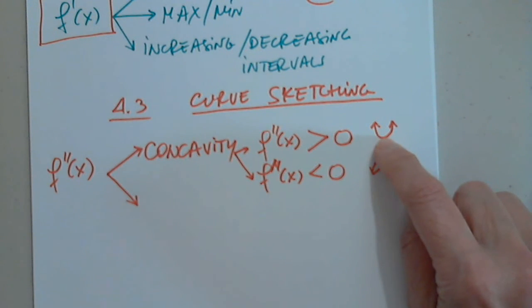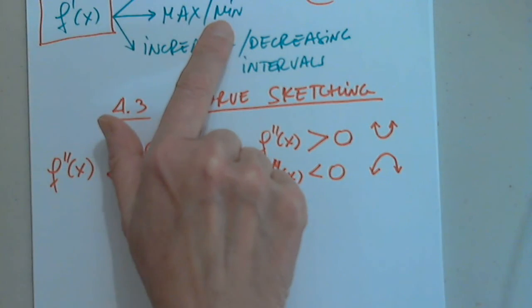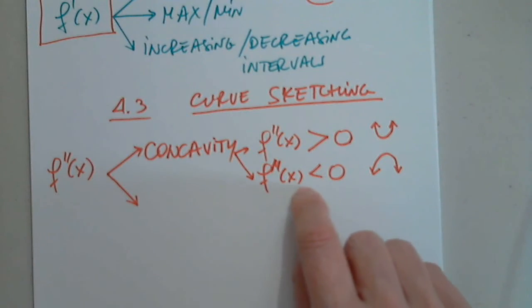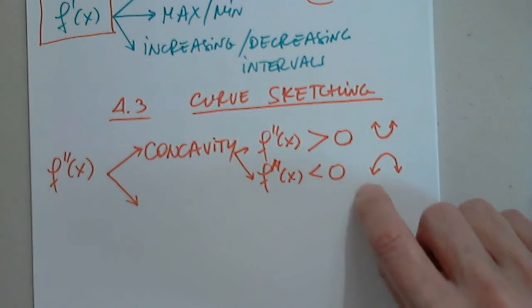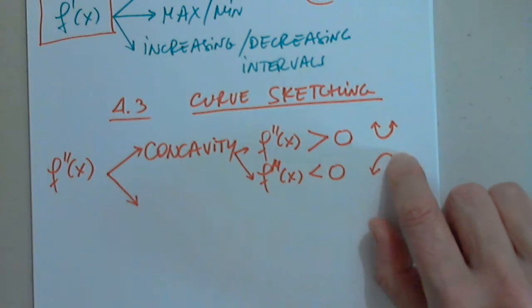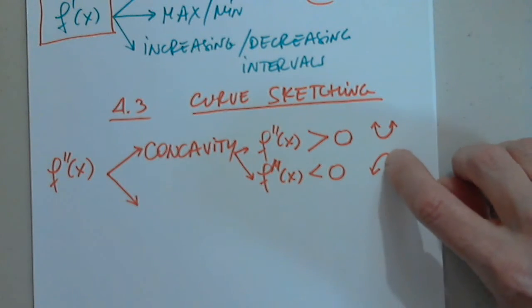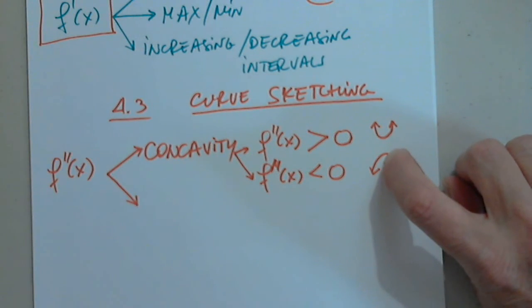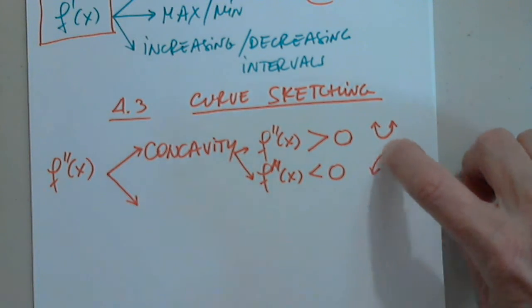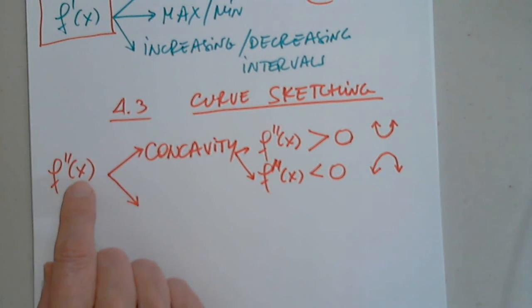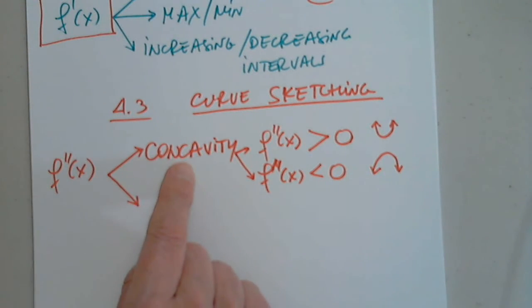What type of point? Local min. Correct. So now if the second derivative is negative, which means the function does not hold water, what type of point? If, not necessarily, yes, local max, yes, good. So this is one thing that we learn about the function from the second derivative: concavity.